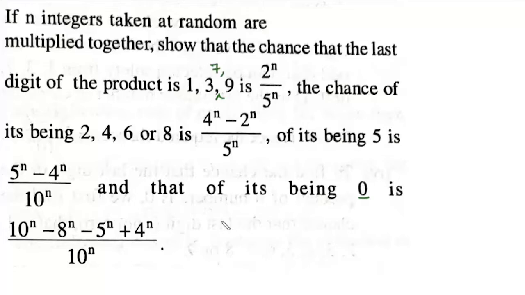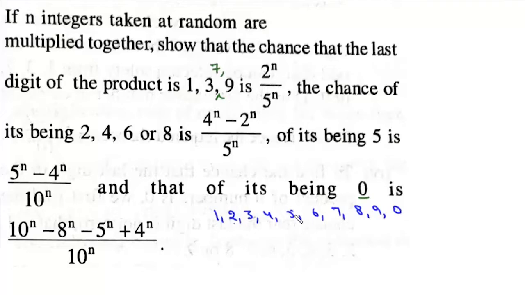Now we know that the last digit of any number could be 1, 2, 3, 4, 5, 6, 7, 8, 9 or 0. Now if we multiply any number with 2, 4, 6, 8 or 0, it will be an even number. We do not want that number to be even.